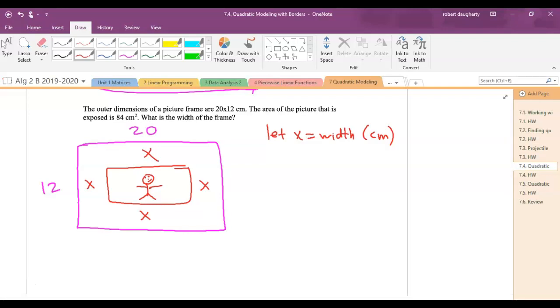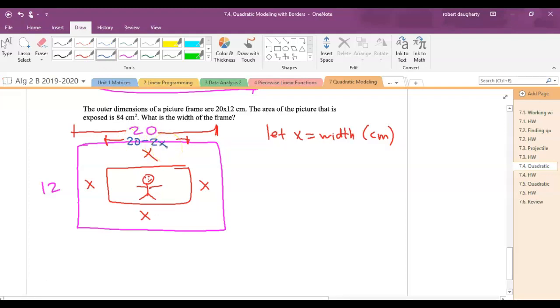So if it's 20 from here to here, what is it from there to there? No. 20, not 20 minus x, 20 minus 2x. So the distance from here to here has to be 20 minus 2x.